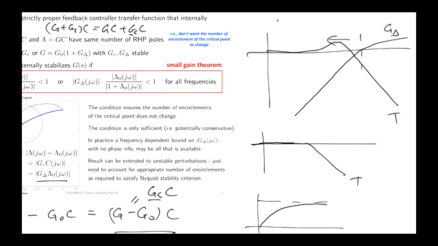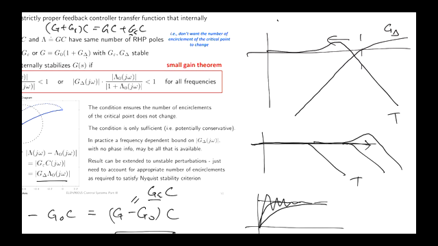If I push it out and don't get any peaking, then it'll make the response faster. So it might be desirable to push the crossover frequency to the right, right? But if pushing it to the right decreases the phase margin, you'll start getting peaking, okay, which means it'll be fast, but you'll have oscillations.